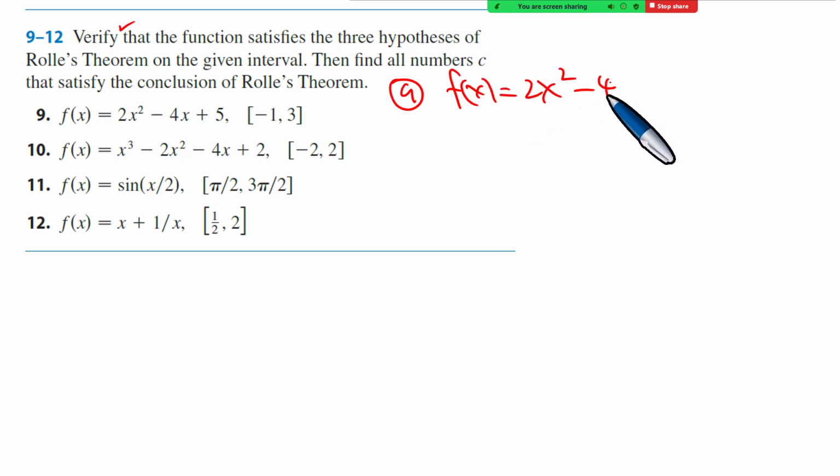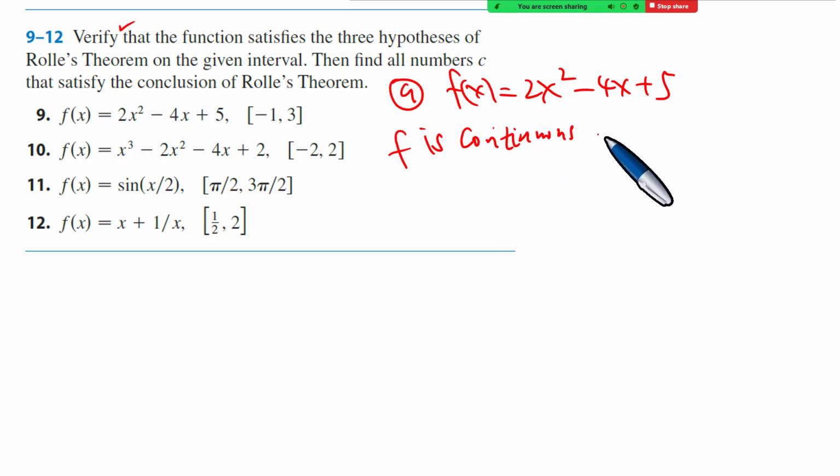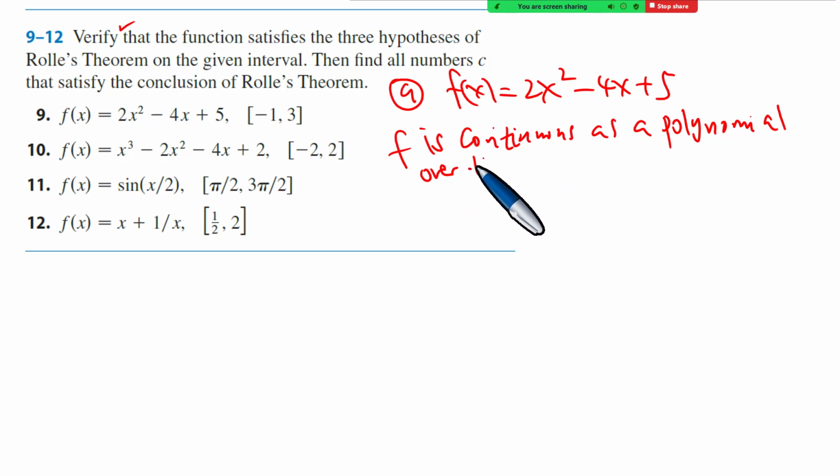So 2x squared minus 4x plus 5, this function f is continuous. Why? f is clearly continuous as a polynomial over the interval. What interval is this? Over the interval -1, 3.